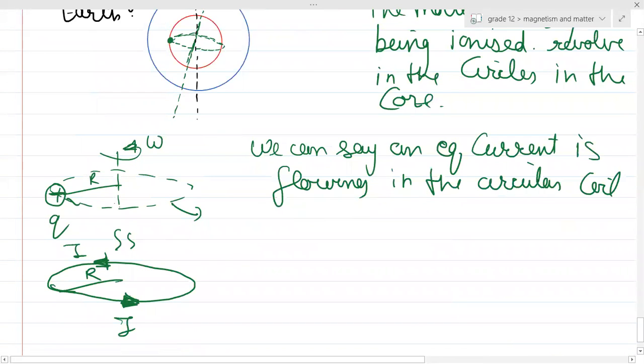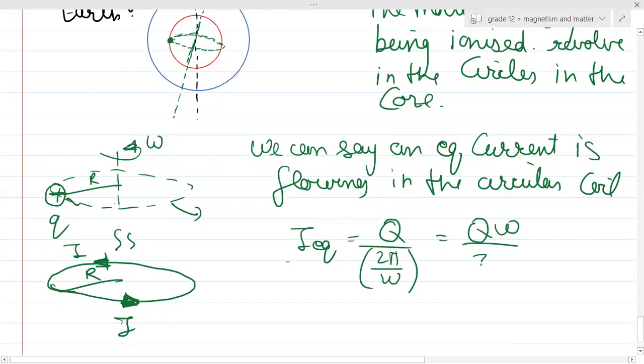The value of this equivalent current is given by charge by time period. Time period is 2 pi by omega, so I equivalent is q omega by 2 pi. So you can calculate this.